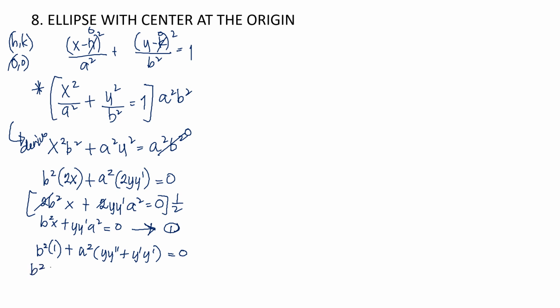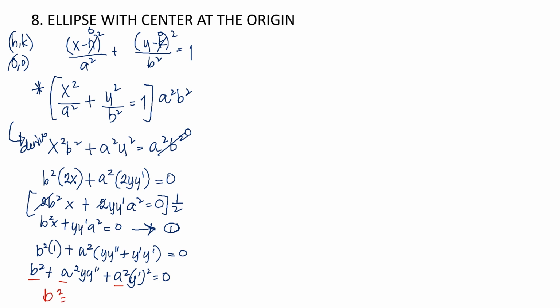So b squared plus a squared y double prime plus a squared y prime squared is equals to 0. Okay, so this is now our equation. But still we have our arbitrary constants a and b. So may a and b pa rin tayo. So what are we going to do? Okay. So we're simplifying it, or we will derive an equation for b.